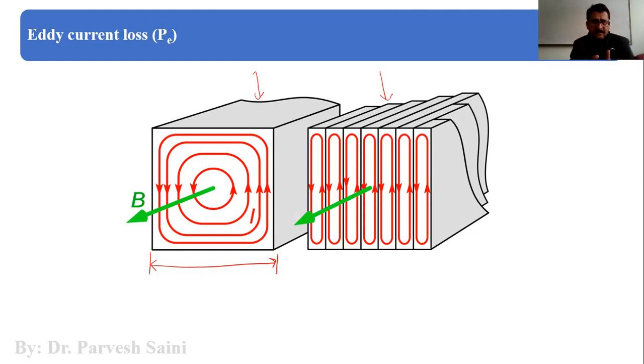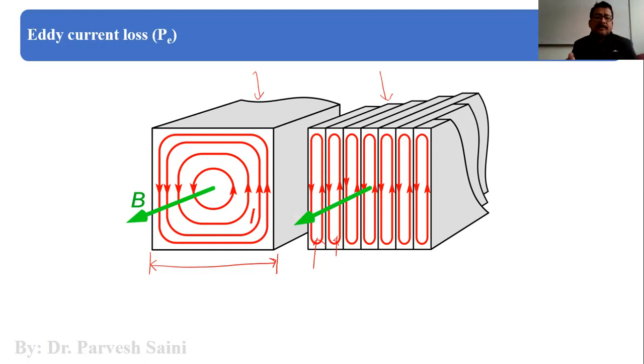Whatever type of transformer core we have, whether shell type or core type, the core is made up of thin laminated sheets. The reason is that when we reduce the volume of the ferromagnetic material and use proper insulation, we can limit these circular currents to a specific area, a specific volume only.